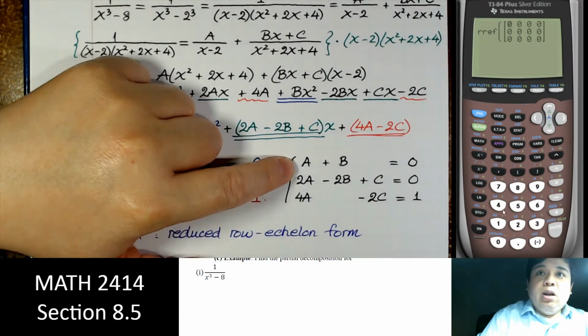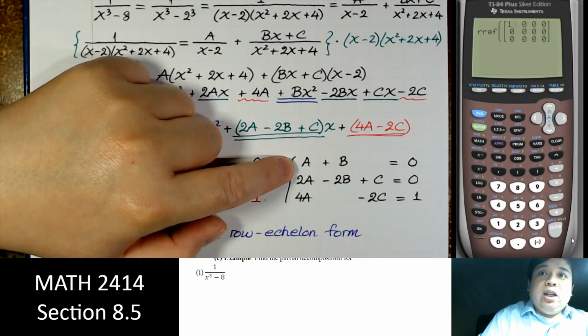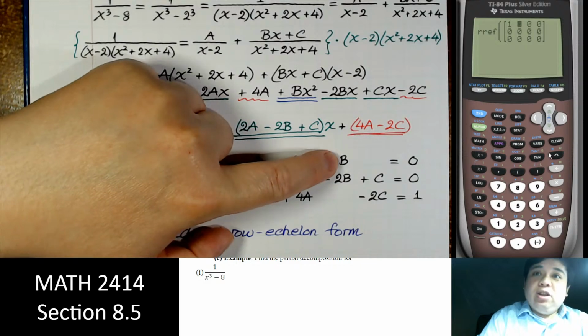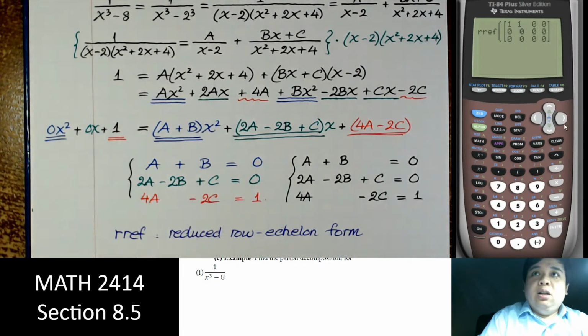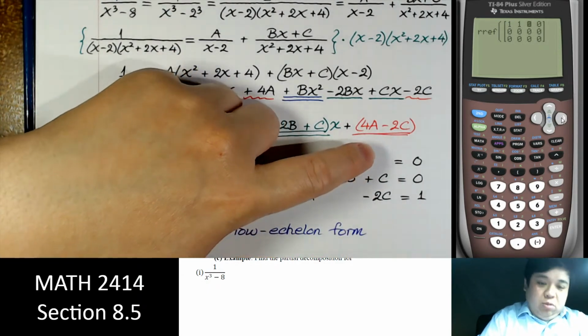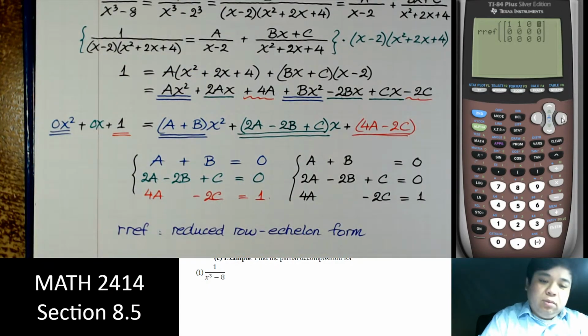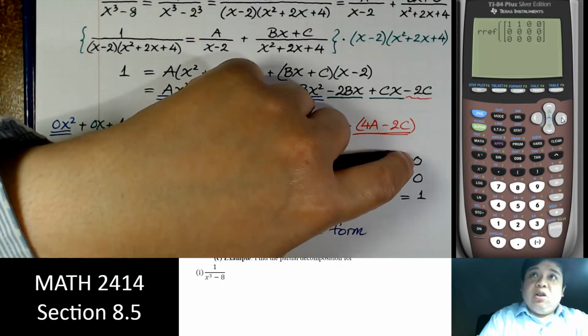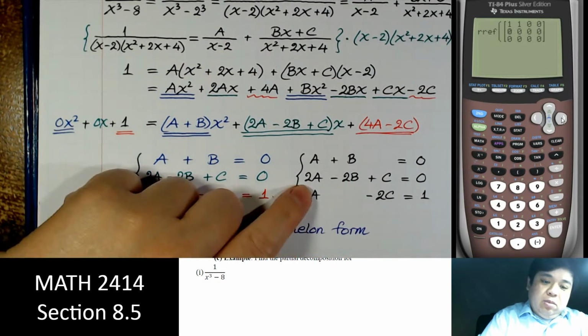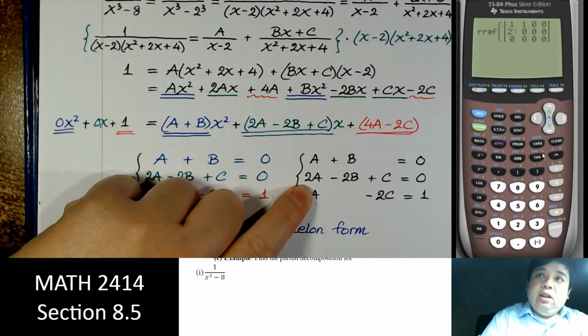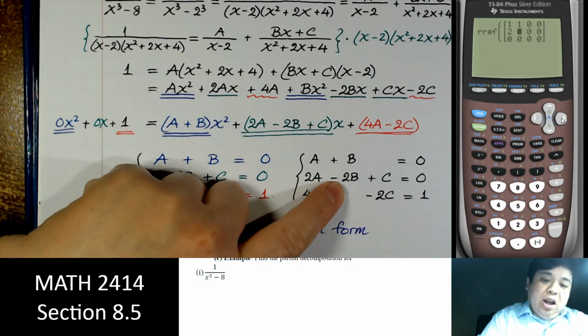So the number 1, do not hit enter, just hit the arrow. The next coefficient is 1 for the coefficient for B. There's no C, so that will be 0. There's no numbers on the other side, that will be 0 as well. Next, 2 for A, negative 2.